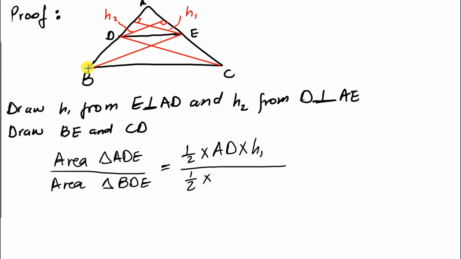So DB will be your base. And then what is the height? The height is H1. Now, as you can see, half cancels with half, height cancels with height. What are you left with? You are left with AD over DB.